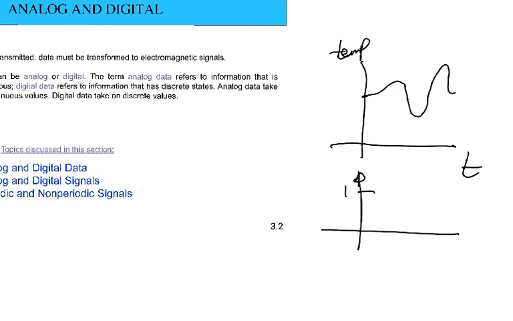So the number of people in the room cannot take a value of 1.1, 1.2, 1.3, right? So it can take 1, and then maybe after some time it takes 2, and maybe it takes 3, and maybe it drops again to 0, right? So this is what we call a digital signal, because it takes a finite set of states or values, okay, within a period of time.